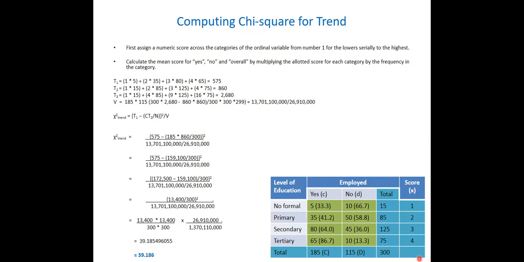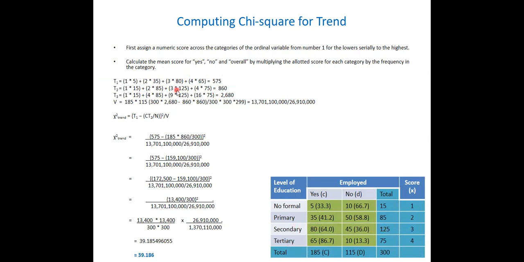T1 is calculated by multiplying the rank for each level with the number that are yes, the frequency that are yes. Look at it. 1 times 5 plus 2, the rank for this, times 35 plus 3 times 80 plus 4 times 65.